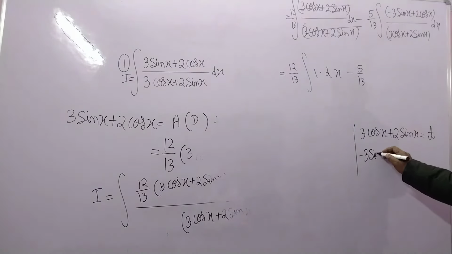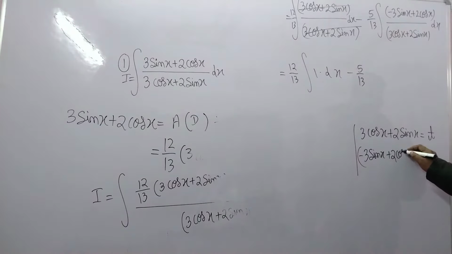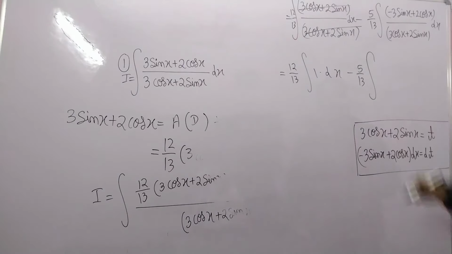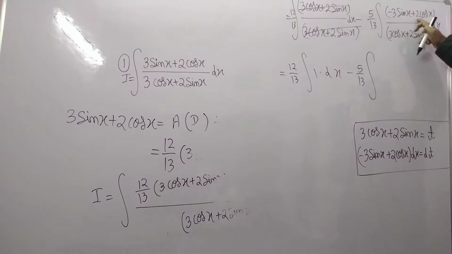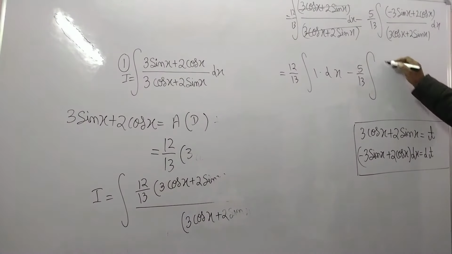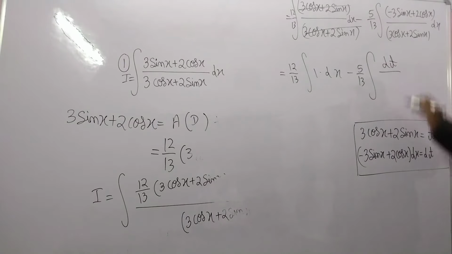Differentiation of cos x is minus sin x, plus 2 times differentiation of sin x is cos x, dx equals dt. Minus 3 sin x plus 2 cos x dx is equal to dt, and value of 3 cos x plus 2 sin x is t.